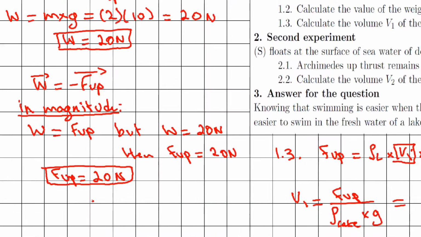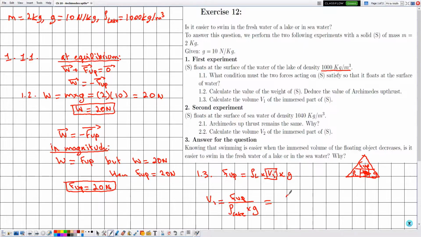The value of F upthrust is 20, and the density of the lake is 1000, multiplied by 10. Plugging this fraction into the calculator, the volume of the immersed part is V1 equal to 2 times 10 to the power minus 3.